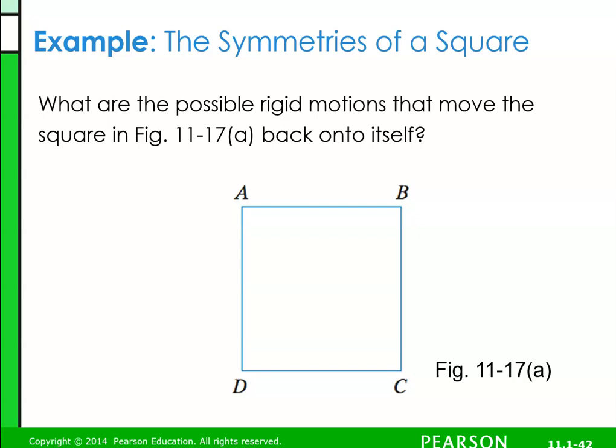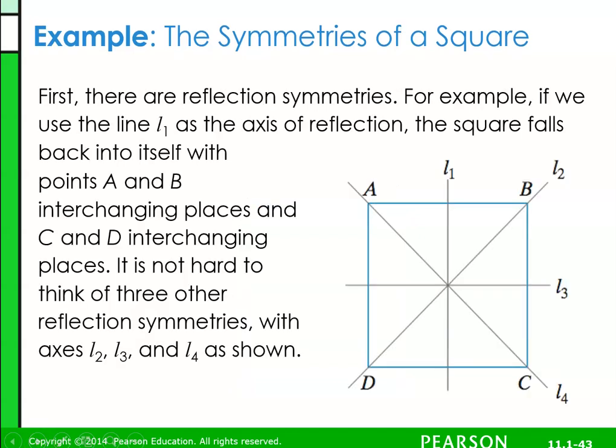So in other words, think about what lines I can draw on there such that when it's reflected over the line, it results back onto itself. Hopefully you're thinking about some of these lines. Just drawing one right in between the top and the bottom, AB and DC, which also would work vertically. But then also connecting basically the diagonals.